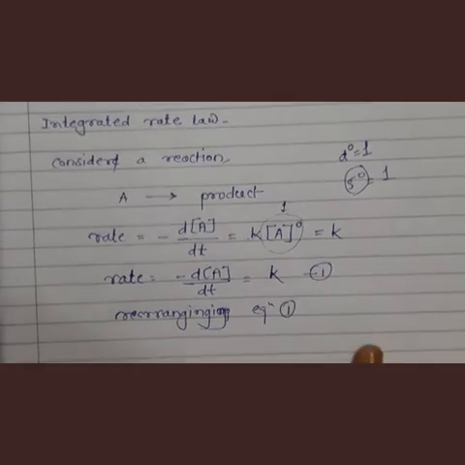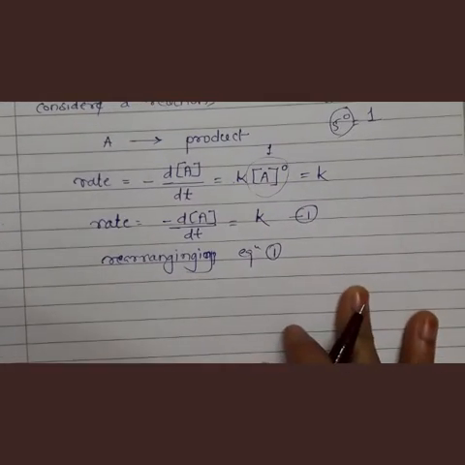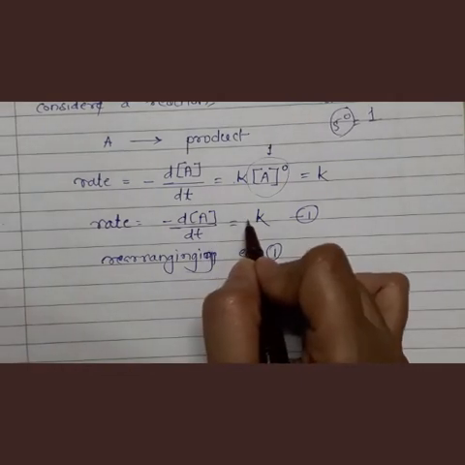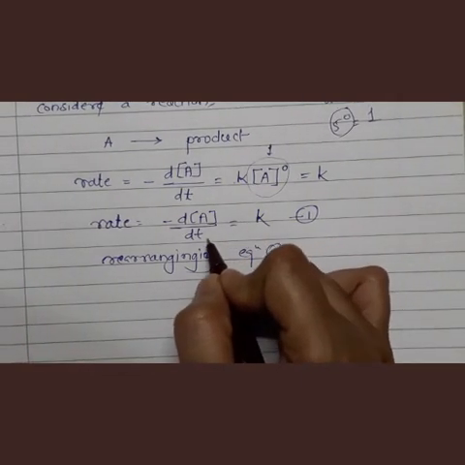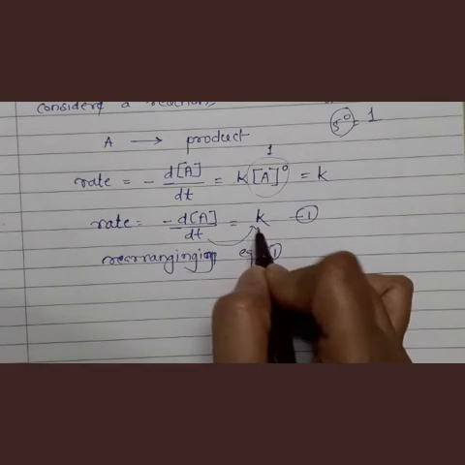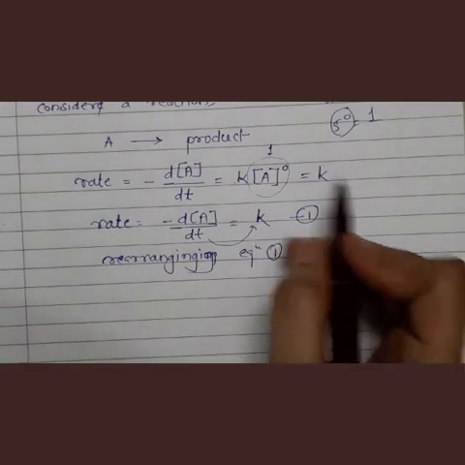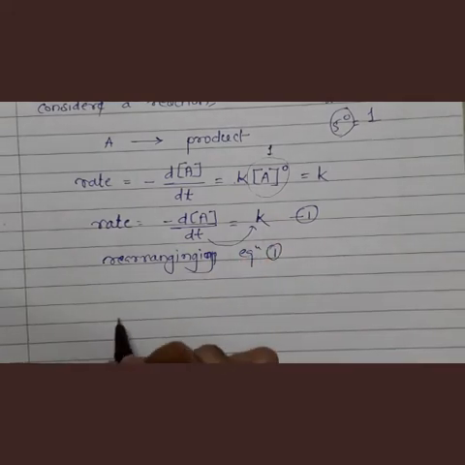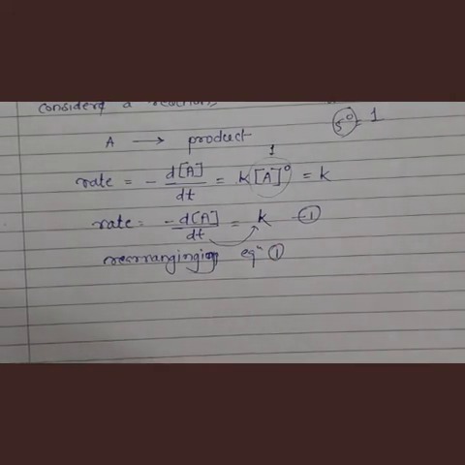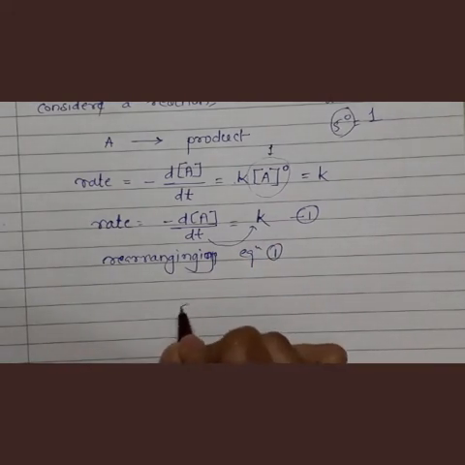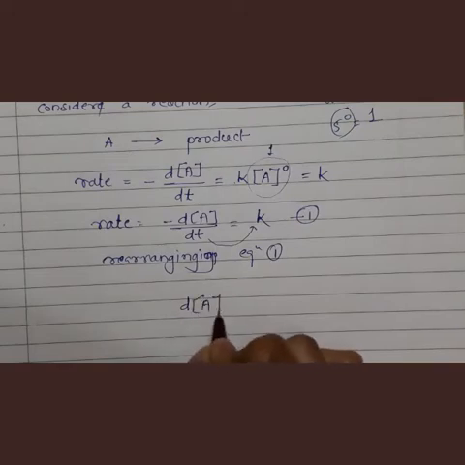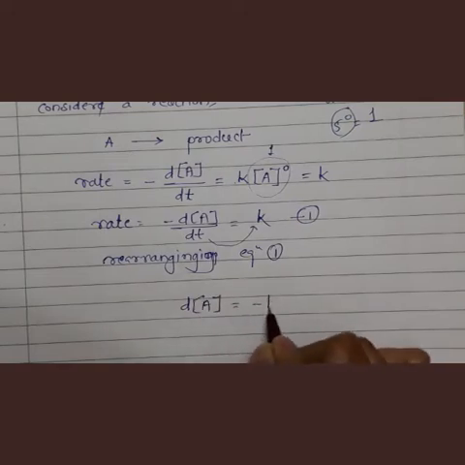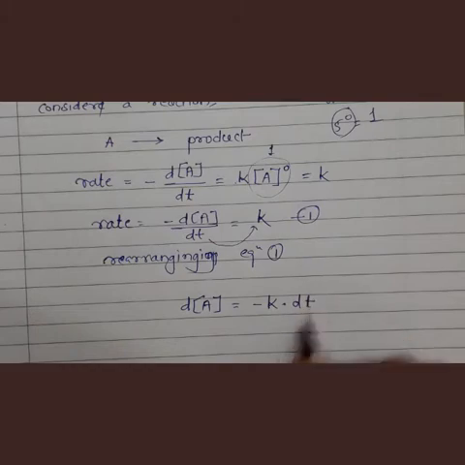This is our equation 1. So how do we rearrange this? dt we will send on that side, and this negative sign also we will shift on that side. So it will become dA, d concentration of A, is equal to minus k into dt.